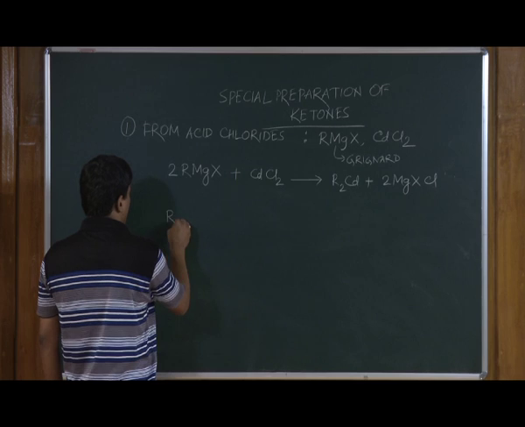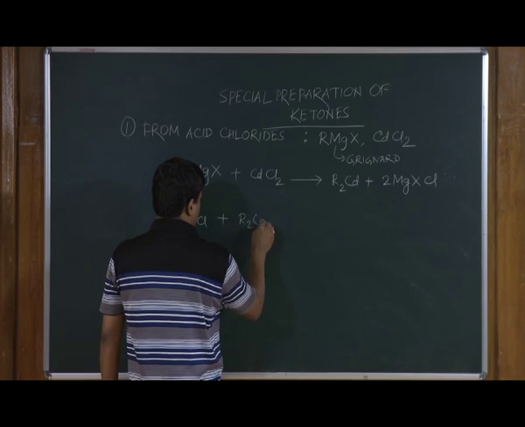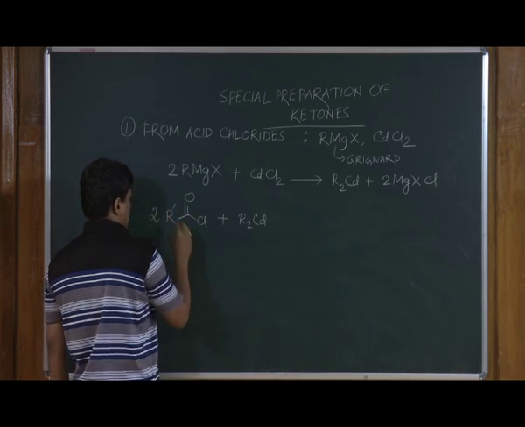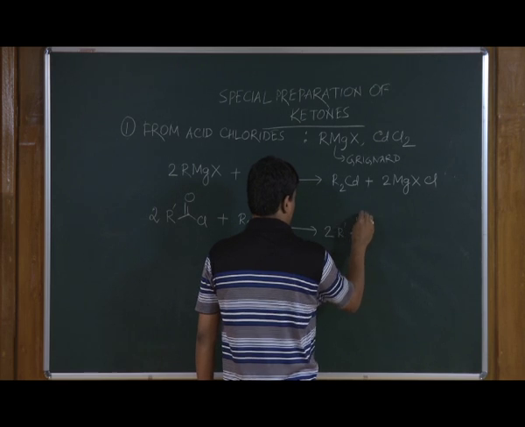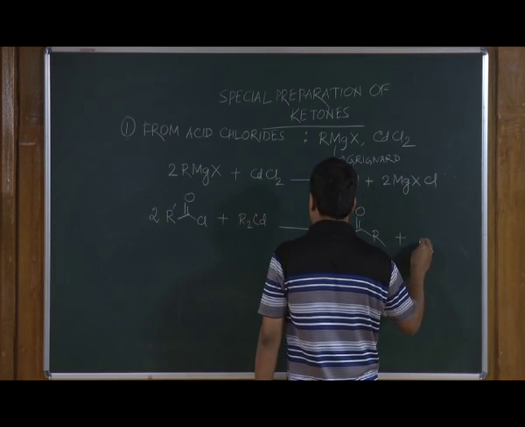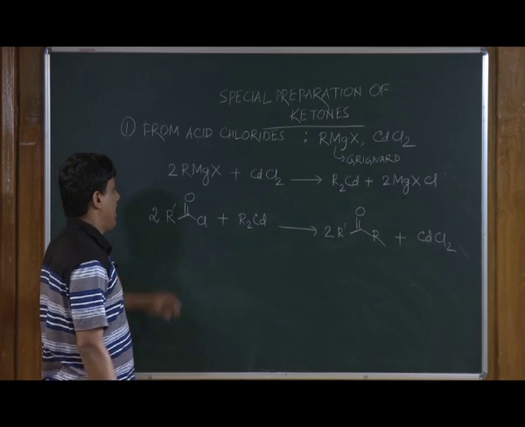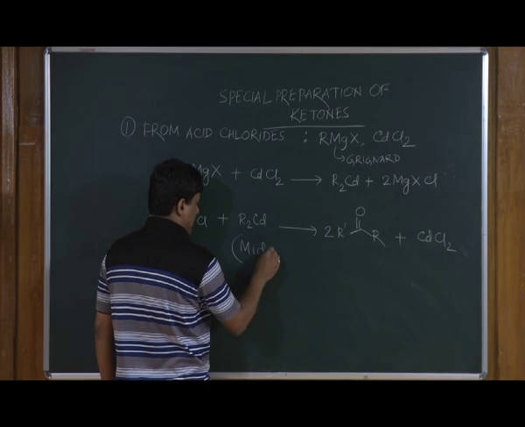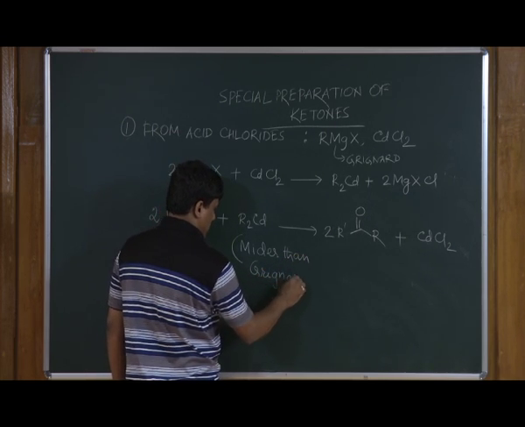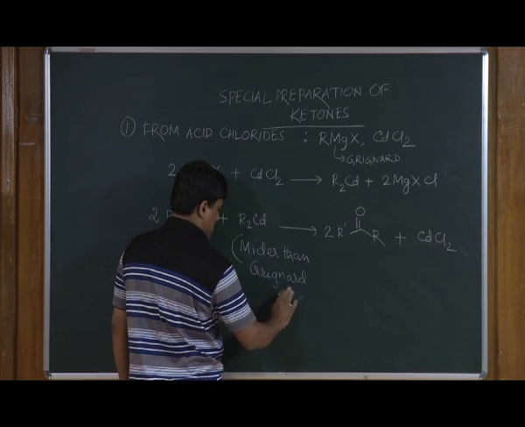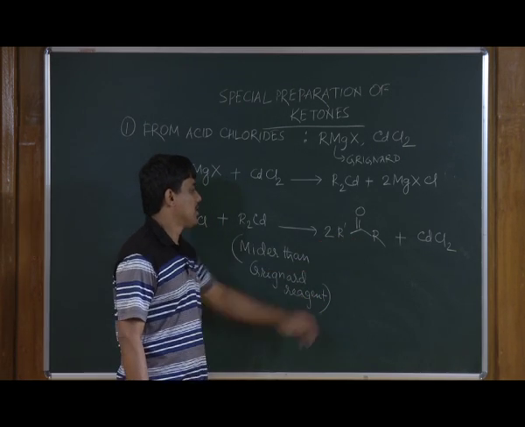And then acid chloride: this R2 cadmium reacts with the acid chloride, and R2 cadmium is milder than Grignard reagent, so that it stays at the ketone.